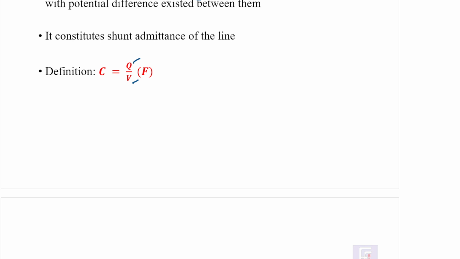Let us say we have a solid conductor like this with radius x, and we have charge storage capacity Q, and Q is located on the surface of the conductor. Charge is stored on the surface of the conductor like this.